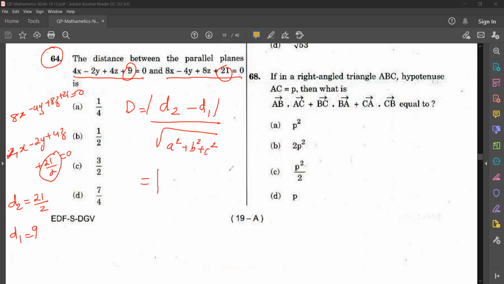That is modulus of d2, 21 by 2, minus 9, divided by root of a is 4, b is minus 2, c is 4. So 4 square plus minus 2 square plus 4 square. Solve this. What do you get?